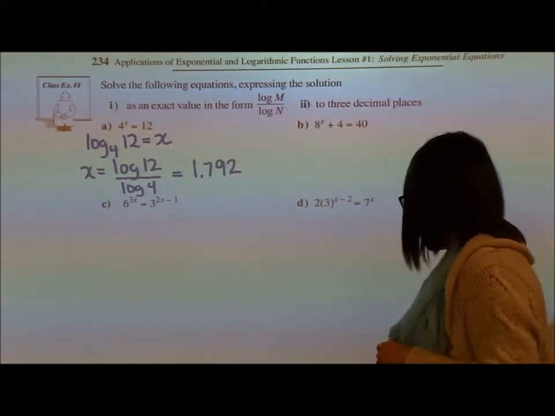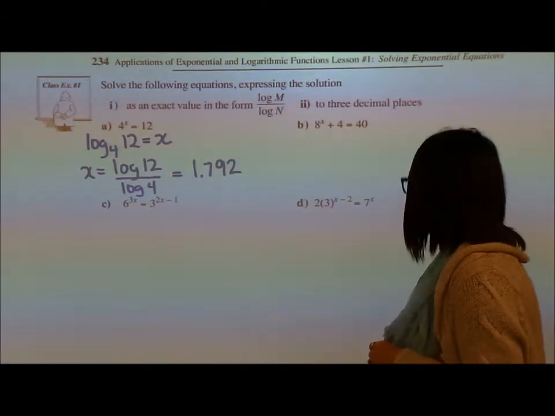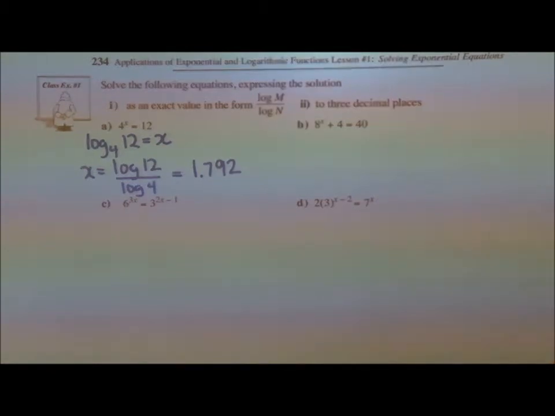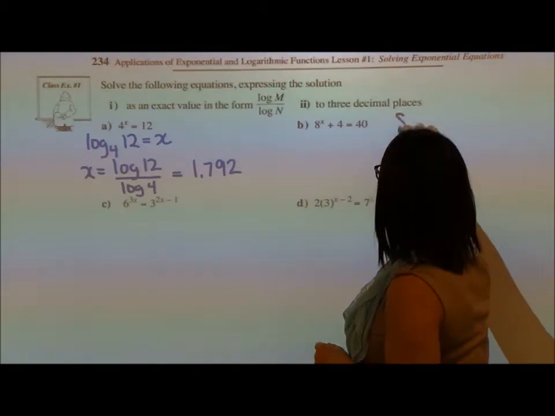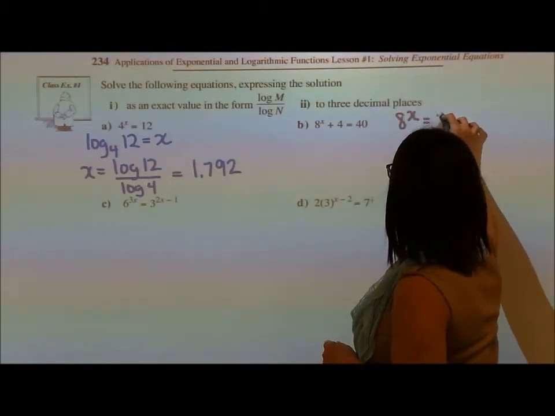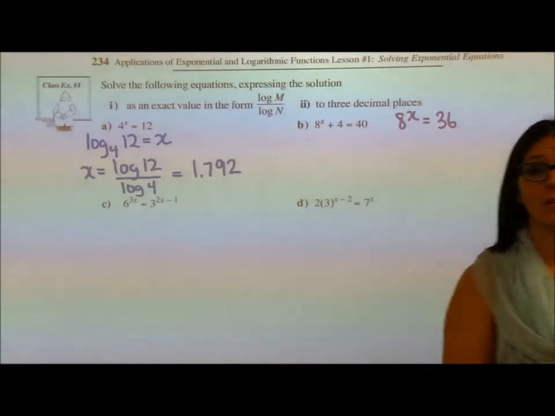Okay, so let's move on to B. I have 8 to the power of x plus 4 equals 40. So what should I do first? Move the 4 to the other side, and then what do I get? 8 to the power of x equals 36. Okay?